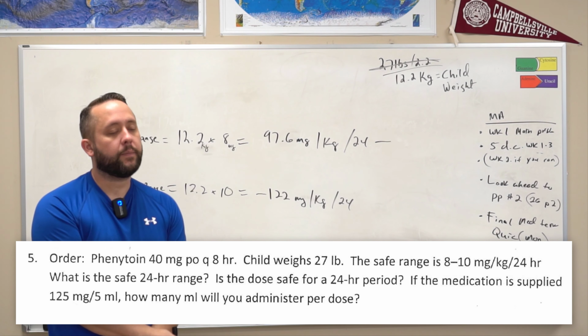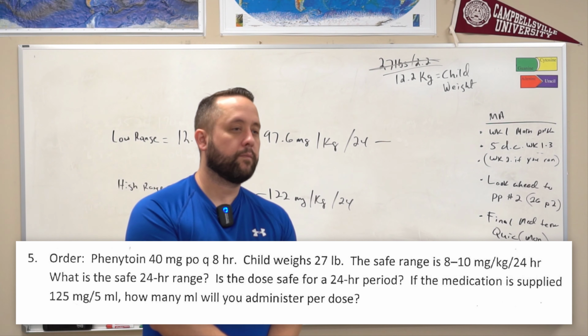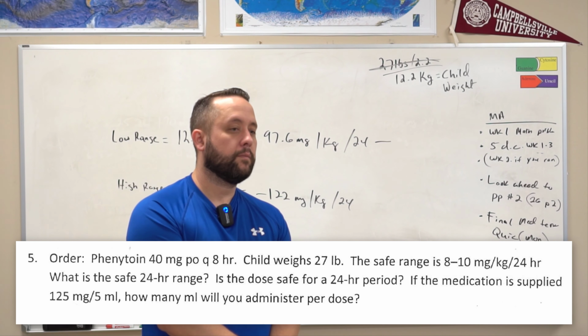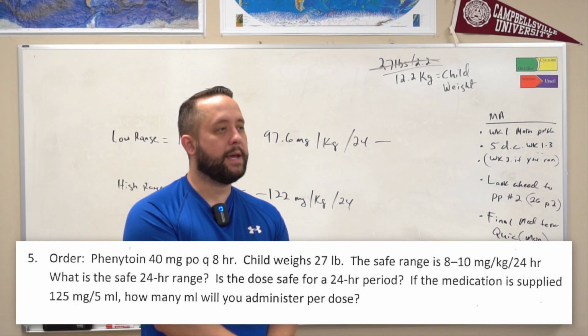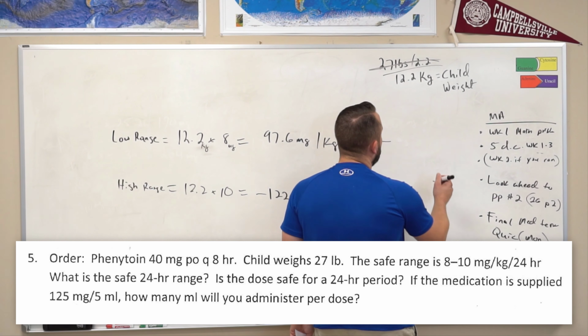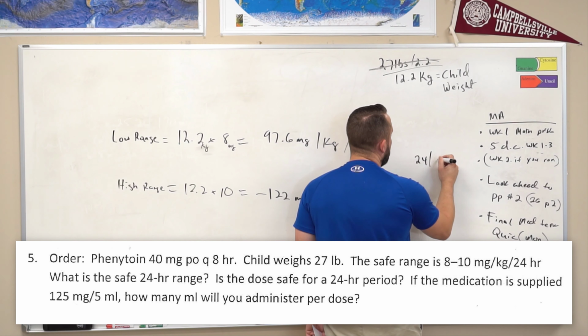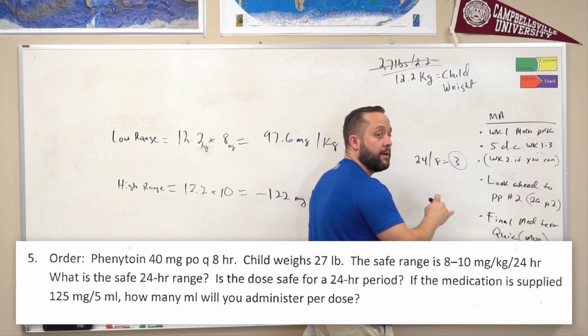Okay, so can you figure out how much he's getting in a 24-hour period there? Take 40 times 24, right? Or how many times is 8 going to 24? 3. Yeah. So he's getting it 3 times a day, or every 8 hours.